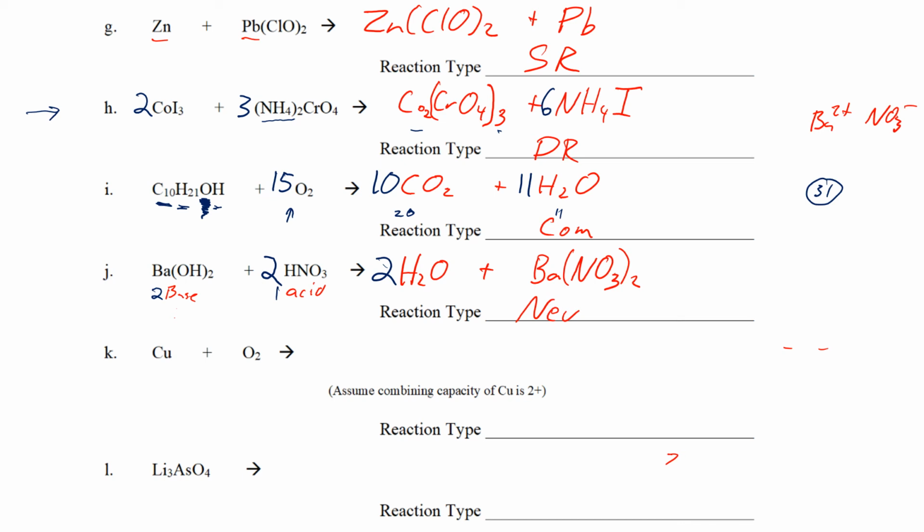Okay. Moving on, it has a little note right here. Assume that copper is 2+. I didn't mention this before, but if I don't tell you to assume it, then what you should be doing is looking at the first ion charge. If it's a multivalent element, you should just choose the very first ion charge that you see on the periodic table, the top one.